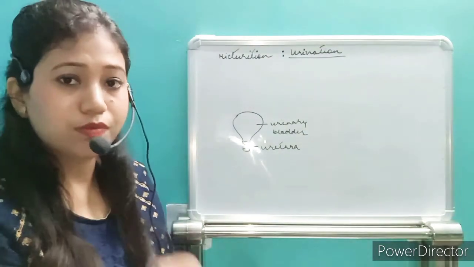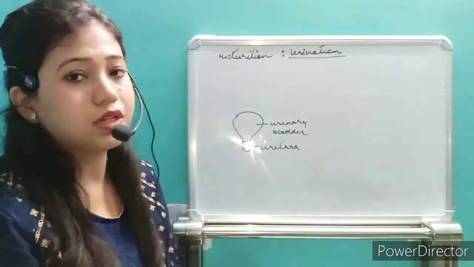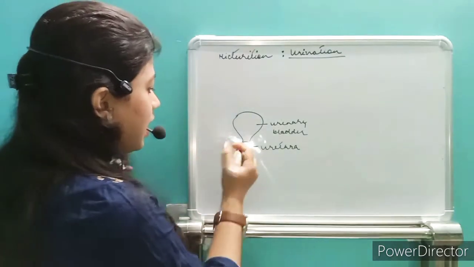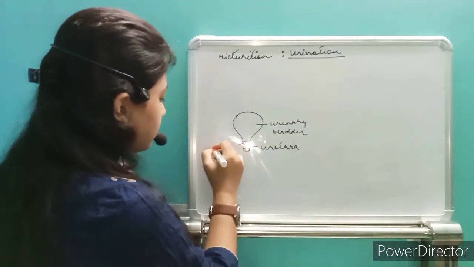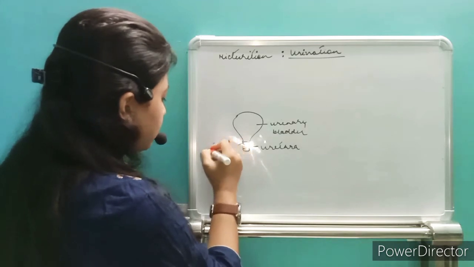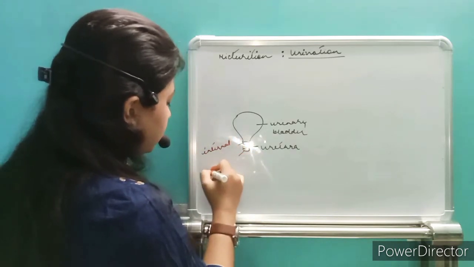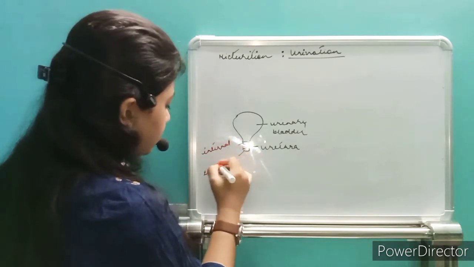Sphincters means circular muscle. So there are 2 types of sphincters present. One is the internal sphincter and this is the external sphincter.